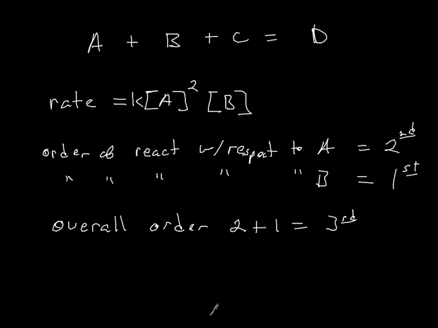Well, if there's no expression of C in there, it means it's zero order with respect to C, which means changing C doesn't change the rate. The concentration of C has no bearing on the rate of the reaction at all. It's not important what the concentration of C is to the rate of the reaction. And so that is what a zero order would be.